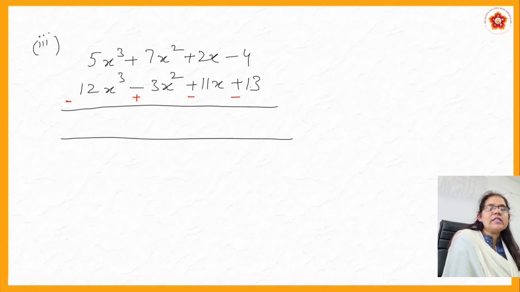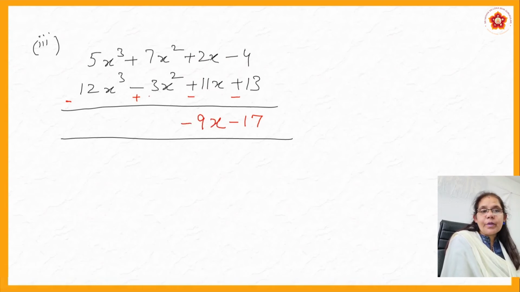Minus 4 minus 13 is minus 17. 2x minus 11x. So x is the variable here. 2 minus 11 is minus 9. Here x square is the variable. Like terms we have put together.